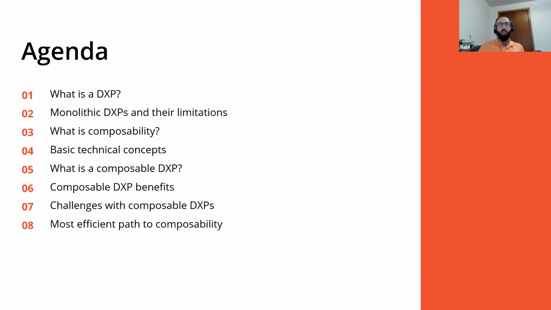And then we're going to talk about what is a composable DXP specifically. And then we're going to go to its benefits. And then challenges with composable DXP. And then last but not least, the most efficient path to composability with Kajoo. We're going to talk about what is Kajoo, and then we're going to see a live demo of the platform.